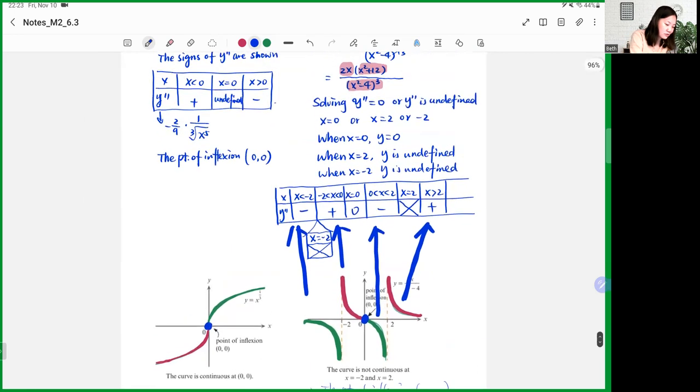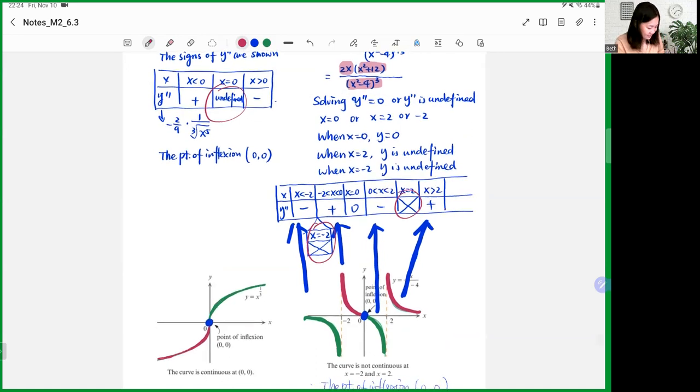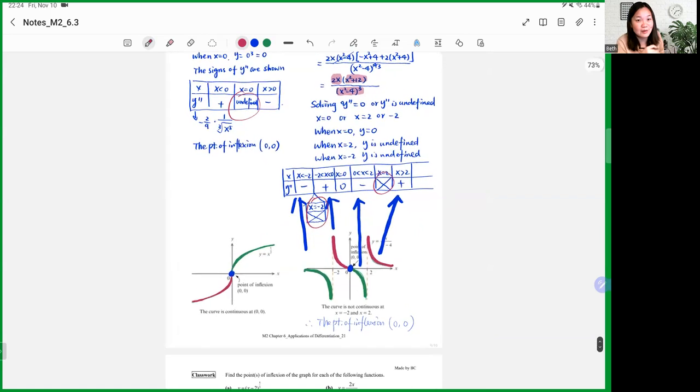So you have undefined, but that's okay. The point is still there. We call it point of inflection. This one, it's undefined, but there is a change of concavity and no point there. So we don't have anything here. We only have 1 point here in the middle. Is that okay? Why don't you try?